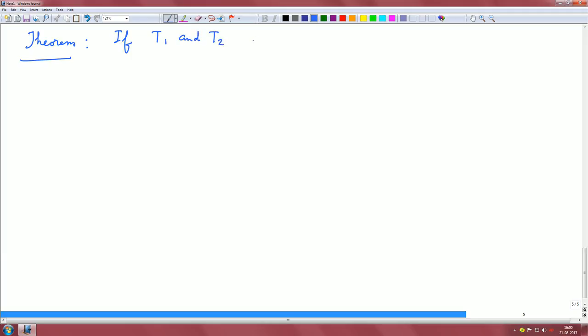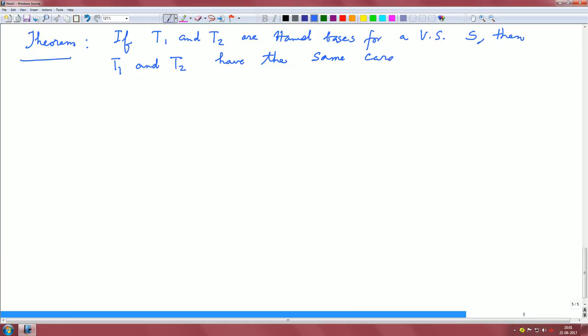If T1 and T2 are Hamel bases for a vector space S, then T1 and T2 have the same cardinality.